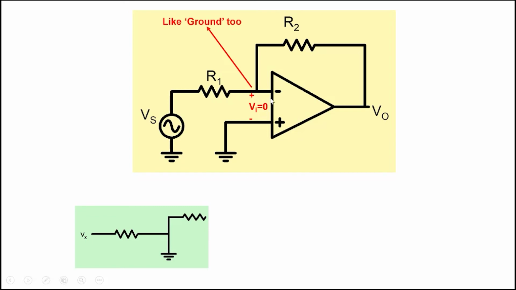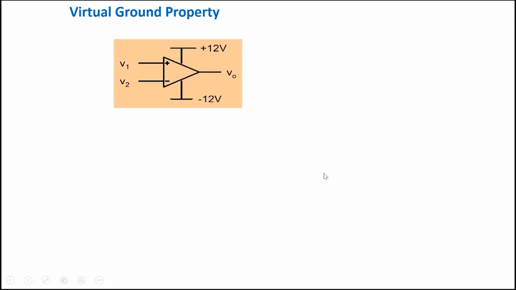We are saying there's a very high resistance and the drop across it is 0 and the current is also 0. A real ground would have had all the current flow into the ground. But in this case, the current that comes in will actually go up, because nothing can go into the op-amp because of the very high resistance and Vi equal to 0. So very little voltage along with very high resistance, so the current is negligible. Hence the name virtual ground.